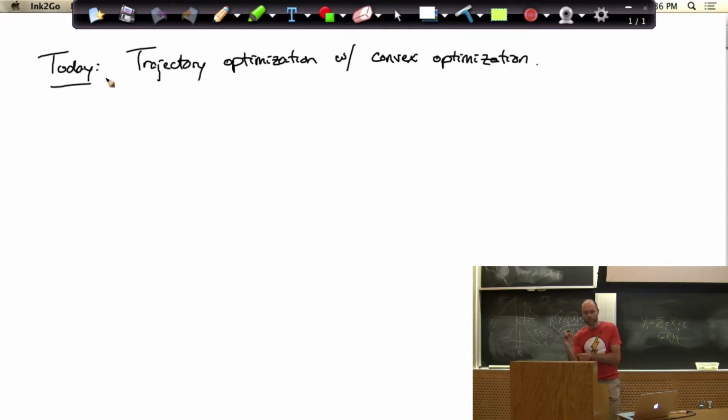All right, so here's the motivation. The trajectory optimization we've written down so far has been as a nonlinear program.